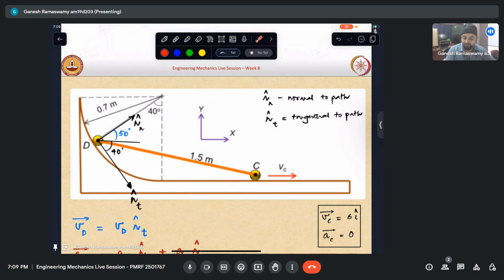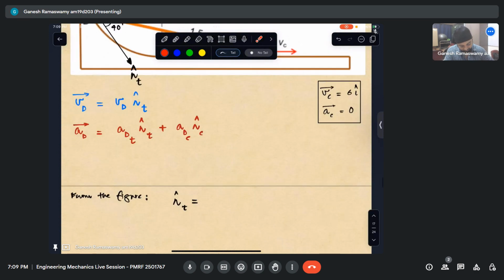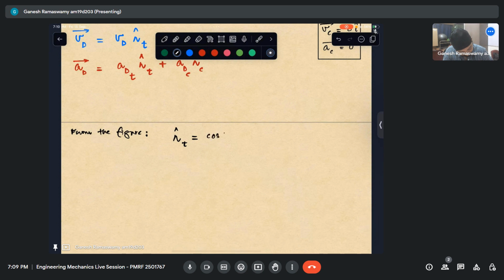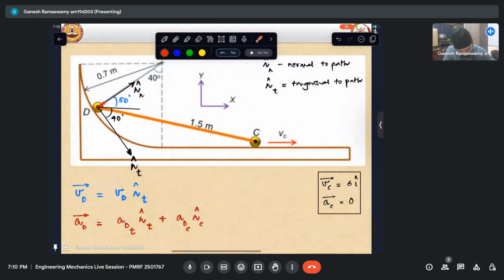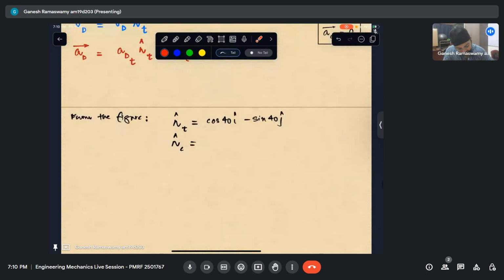So this is nothing but cos 40 i cap minus sine 40 j cap. Similarly, can I write nc cap? Now I have this as the unit vector which is making an angle 50 degrees with the positive x. So this I can write as cos 50 i cap plus sine 50 j cap.